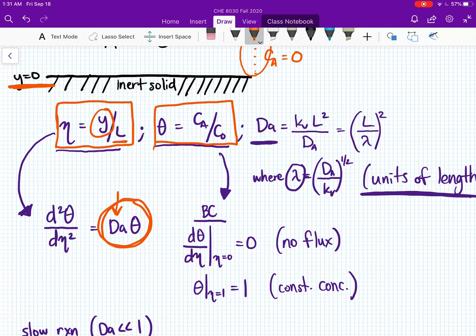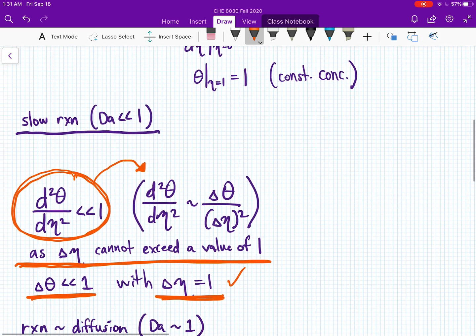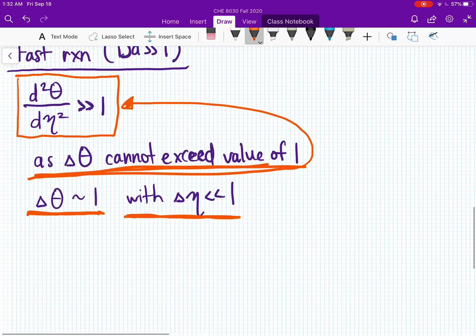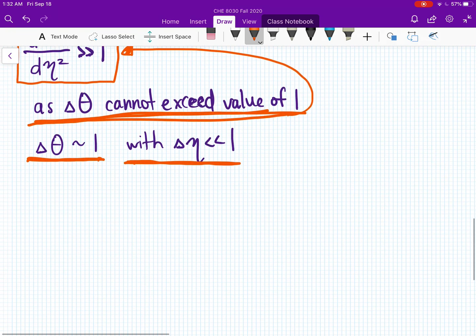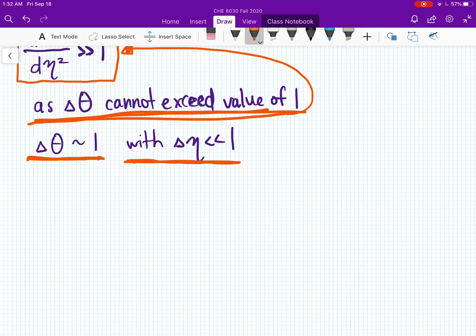Okay. So, let's do the first thing. What did I say? I said we were going to do order of magnitude analysis.